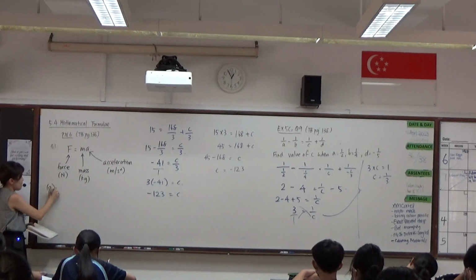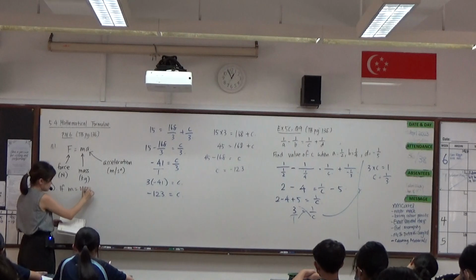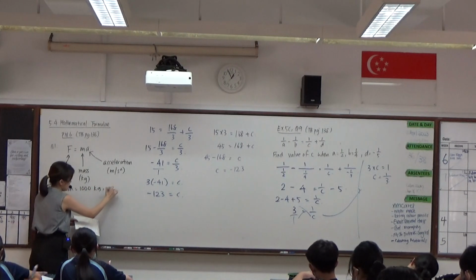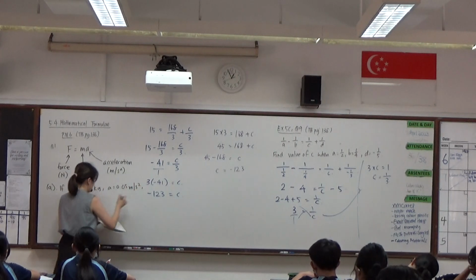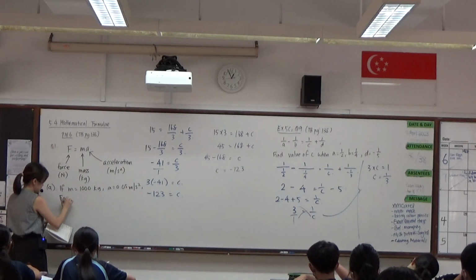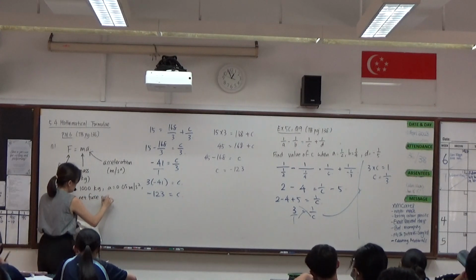The main question, part A, says that if M equals 1000 kg, A equals 0.05 meter per second squared, find the net force acting on the body.